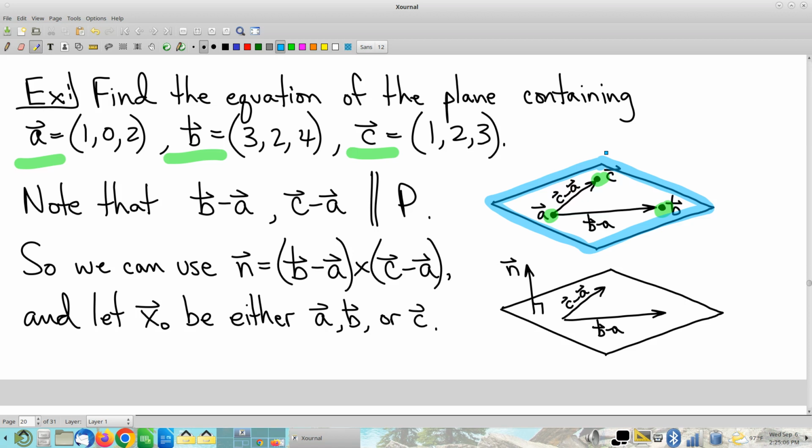So don't think of this as an algorithm, right? Think of this as an example of a category of puzzle, and I'm going to show you a strategy for how to solve the puzzle. So we are given points in the plane. We want the equation of the plane.